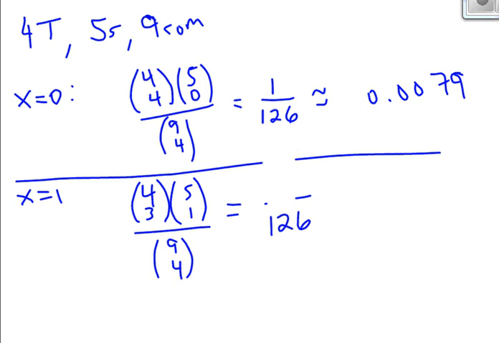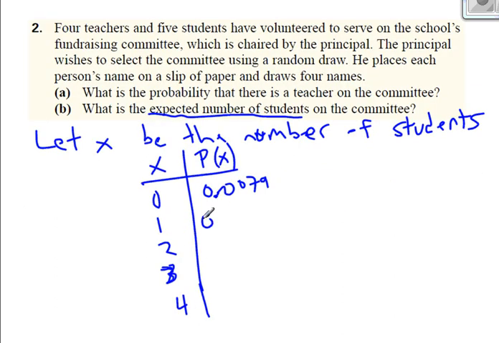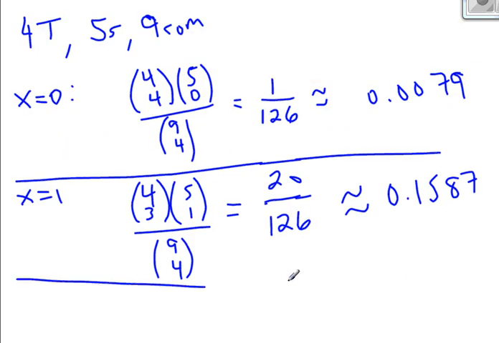Math is good. 4 choose 3 is 4. I was jumping the gun a little bit. 4 choose 3 is 4. 4 times 5 is 20. So there are 20 ways of having 1 student on the committee, and as a decimal, the probability is 0.1587. So again, I'll go back and put 0.1587.